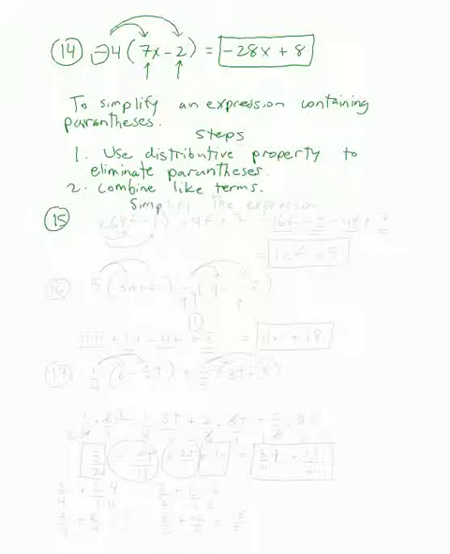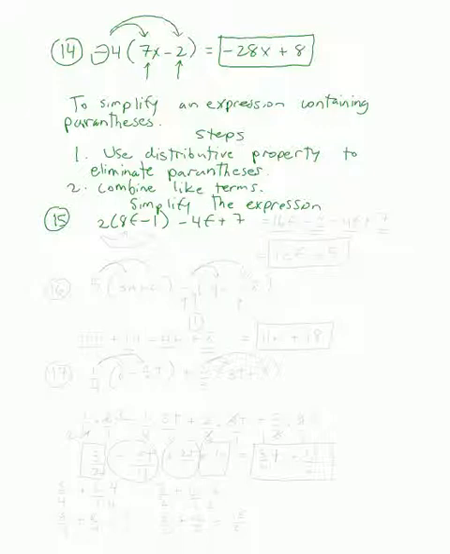So the instructions here are to simplify the expression. So, number 15. 2 times 8f minus 1 minus 4f plus 7.